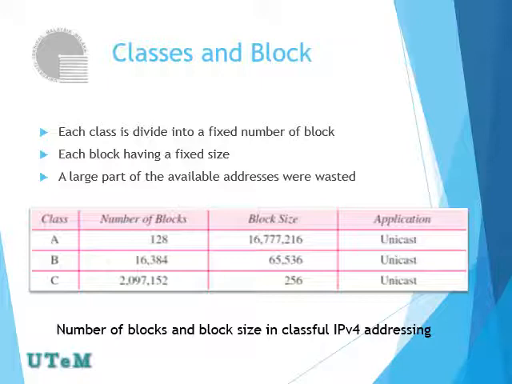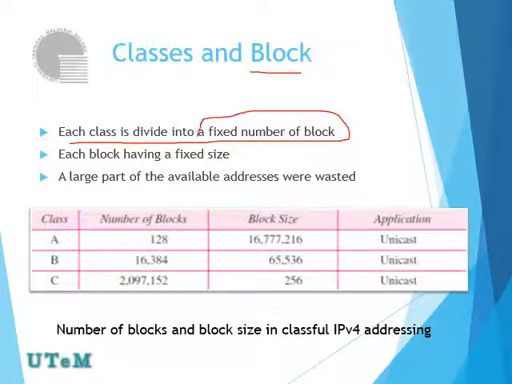Now that we know how to identify the net and host ID, we are going to determine the class and the block size. Each class is divided into a fixed number of blocks, each block having a fixed size. Let's look at an example.